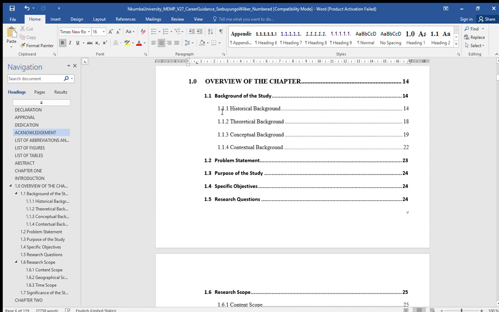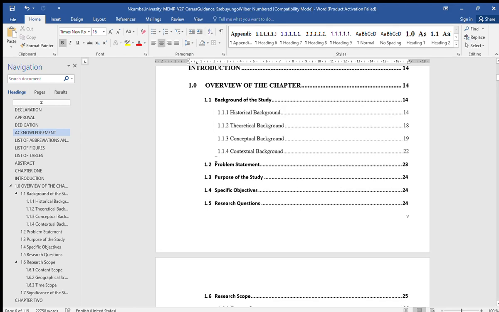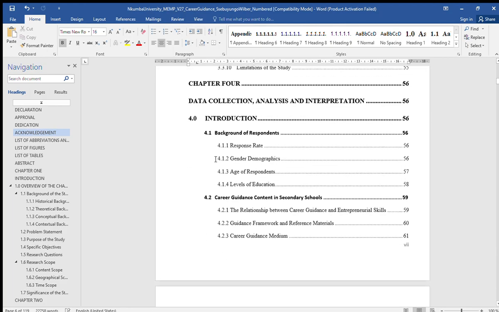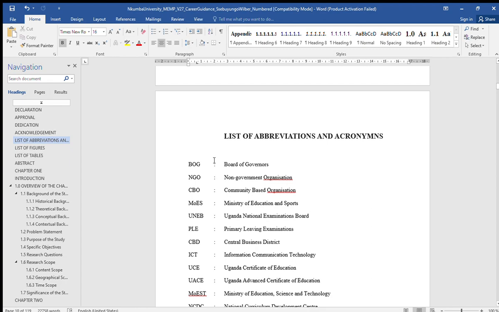If you are writing up the structure, you have a cover page, then next is the table of contents. From the table of contents, you would go to the list of abbreviations and acronyms.